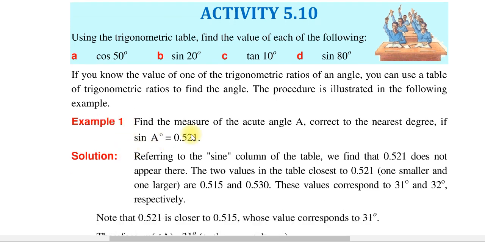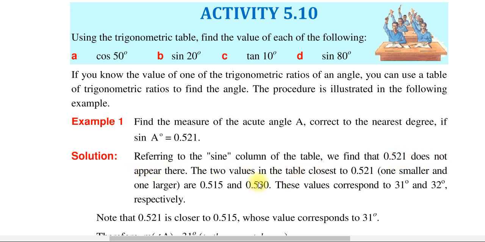Find the measure of the acute angle A, corrected to the nearest degree, if sin A is equal to 0.521. Referring to the sine column of the table, we find that 0.521 does not appear there.